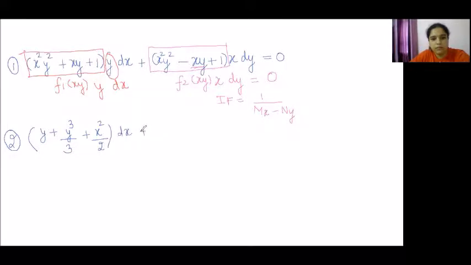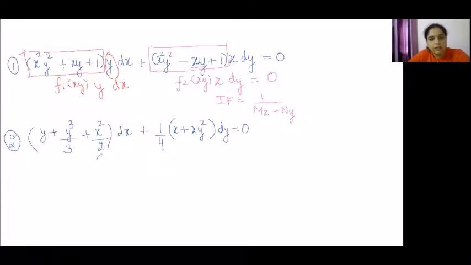This is m dx. Plus (1 upon 4 x plus x y square) dy, equal to 0.